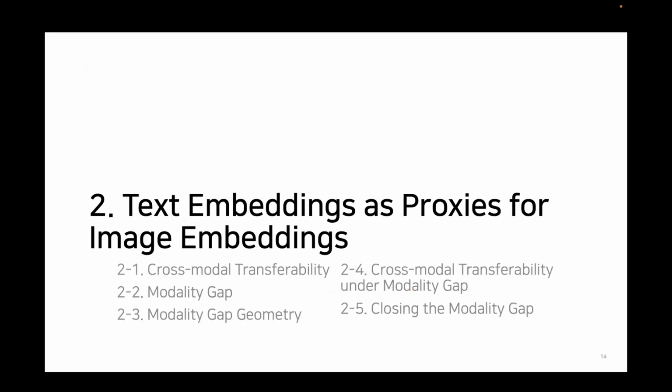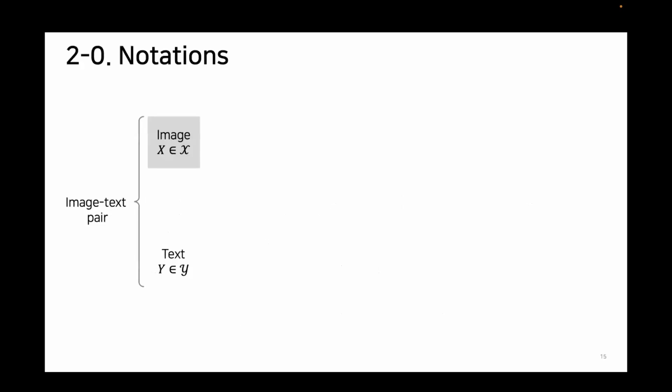So next section, we will talk about the cross-modal transferability. They propose to use language instead of the image, so we should check whether it is possible to use text modality instead of image modalities. Before we start, I will talk about the notation first.